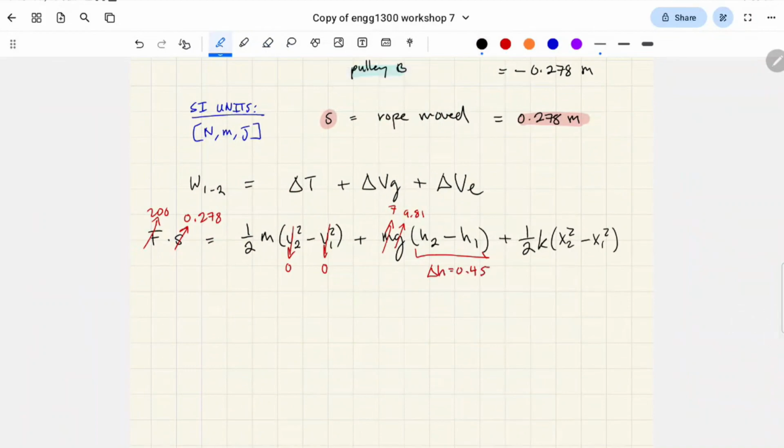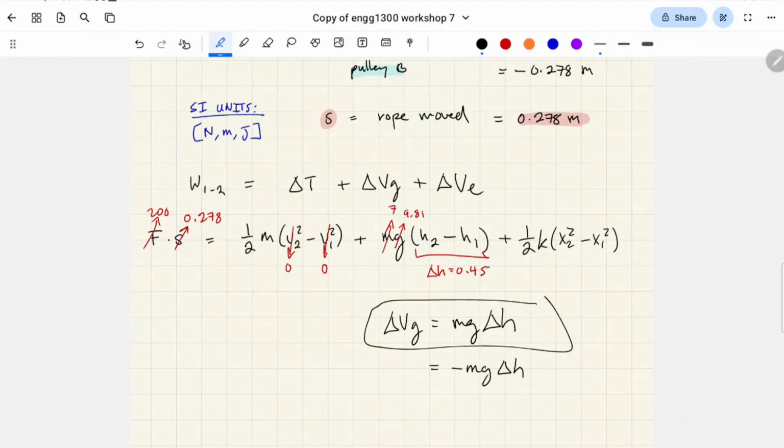Now, this formula, depending on how you want to look at it for gravitational potential energy, you can look at it like that or like that. But as long as your numbers work out the way they should, in theory, it's fine. What I like to do is stick to this formula, add it, and keep gravity as a positive number.